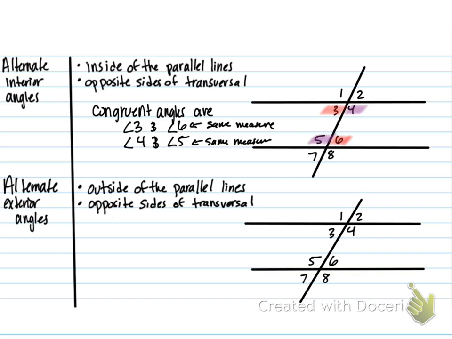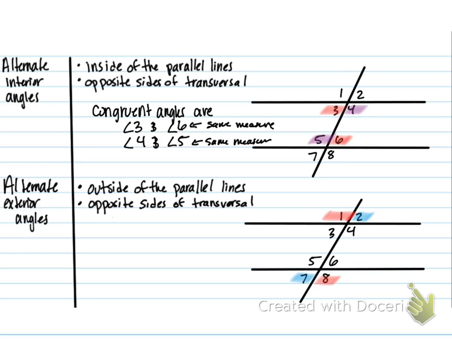We are talking about the outside parts of the parallel lines, and they're going to be on opposite sides of the transversal. So the two pairs that are alternate exterior angles will be angle 1 and angle 8. And the other pair will be angle 2 and angle 7.